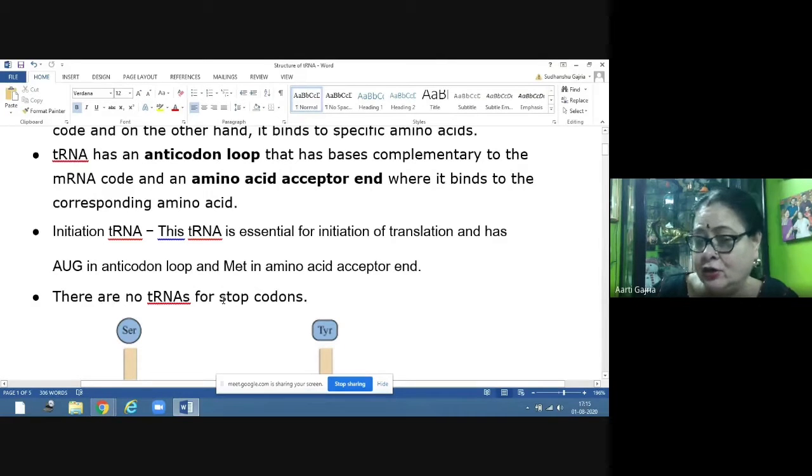Three codons are not coding for any amino acid, and at the same time there are no transfer RNAs for those codons. Otherwise, there are transfer RNAs for all the codons. So all are coding for amino acids, and all have an anticodon loop, and the initiation transfer RNA carries the methionine amino acid. So this is called initiation transfer RNA.